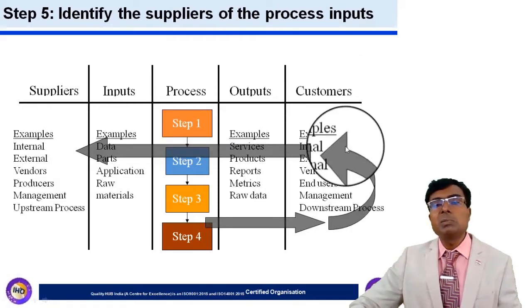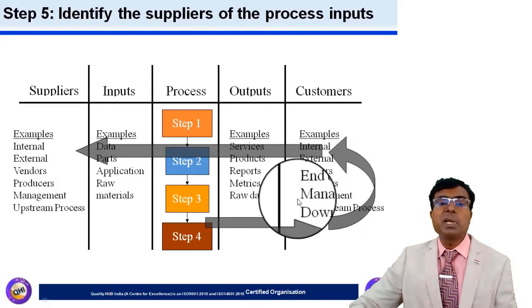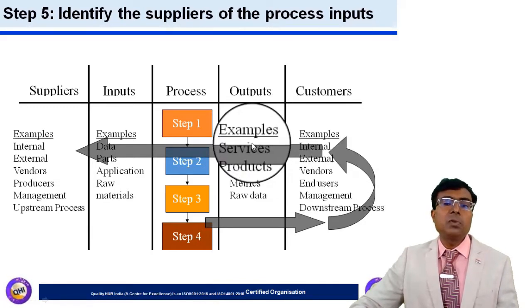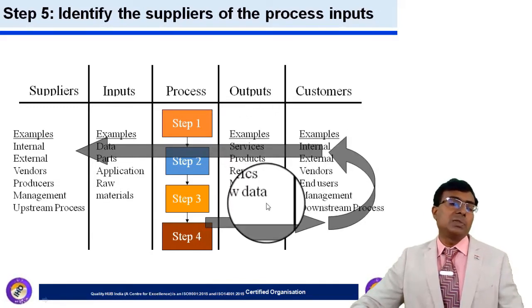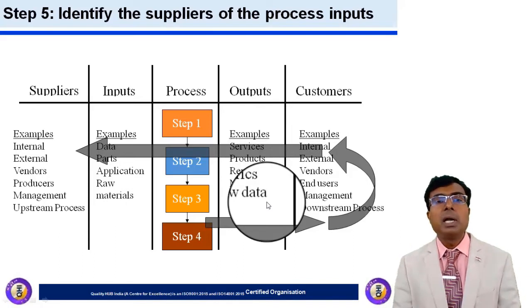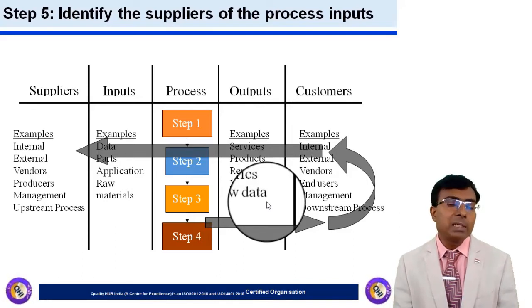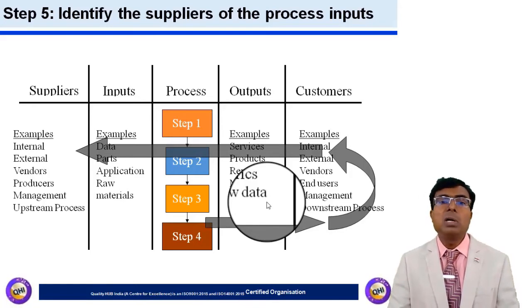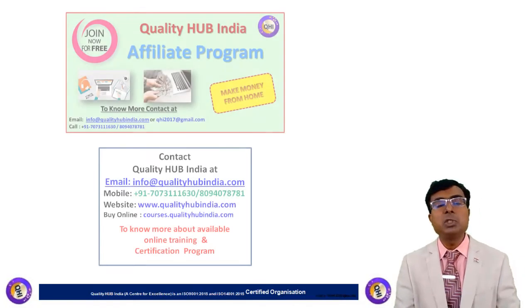Same way for the customers also, you can identify the customer at the broader level, or there can be separate customers for each of the individual elements as well. So it is up to you, and depending upon the requirement of your project and requirement from your customer or the direction from the management or direction from the black belt or master black belt, you need to make your CPOC diagram.